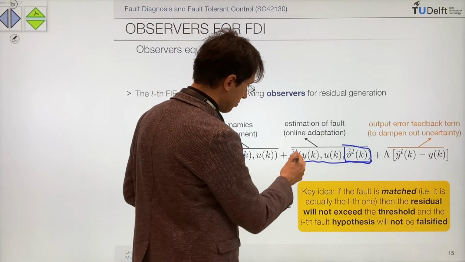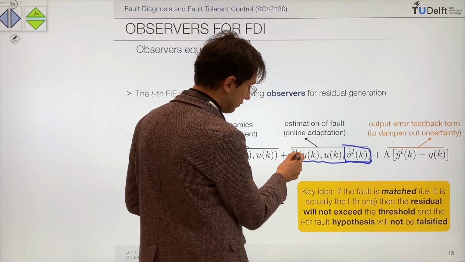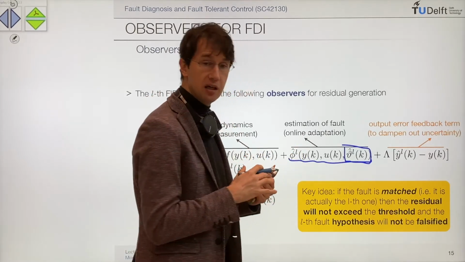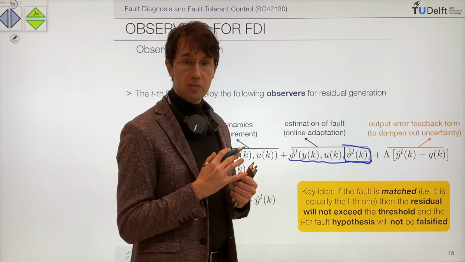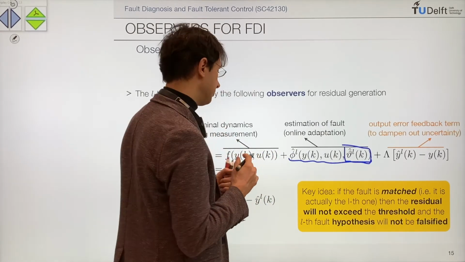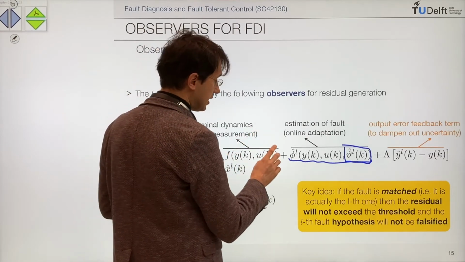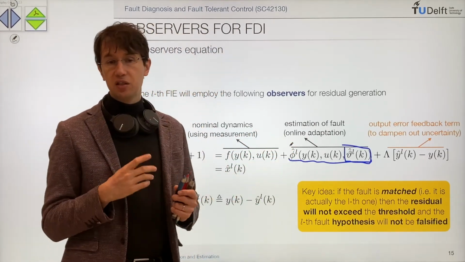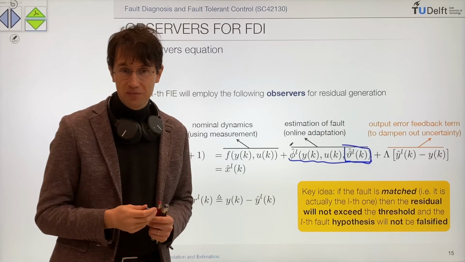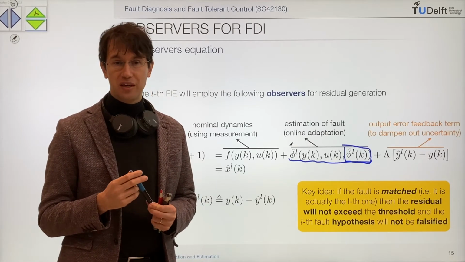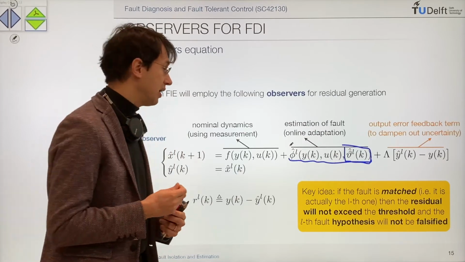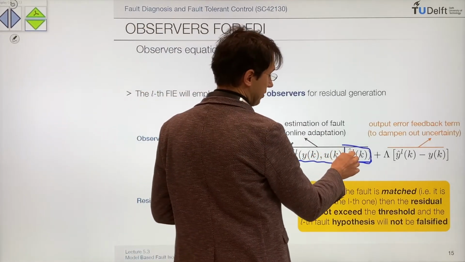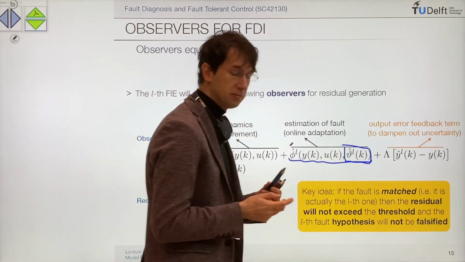So once more, let's stress that this is the function phi L, the Lth one in our knowledge base. And you see that we have a hat on top of that, because this is not the true function. The true function depends on a value of the parameter that we don't know.